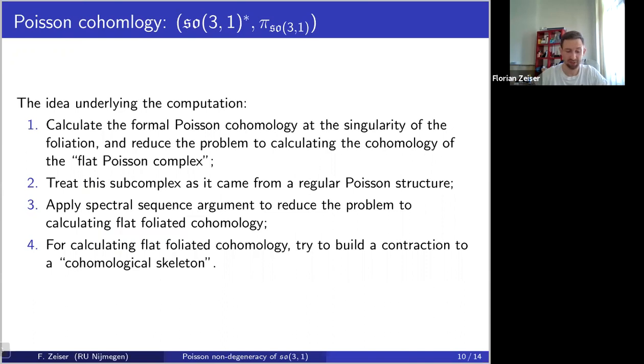So what is this? For the case of SO(3,1), we identify the dual with SL(2,C) as a real Lie algebra. Then the cohomological skeleton in this case is exactly the normal matrices.